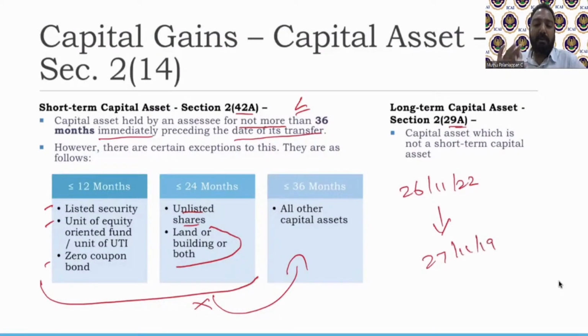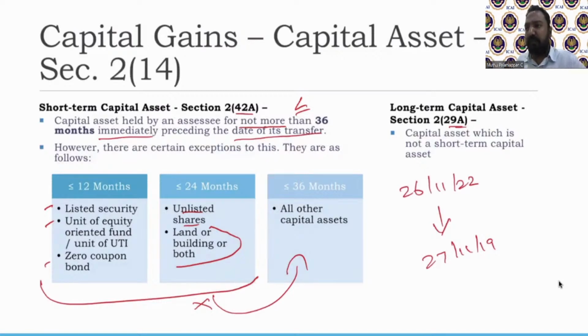That's what you're actually calling by 36 months. So 27/11/19. If you have purchased it before 27th November 2019, it becomes a long-term asset. If you have purchased on or after 27th November 2019, it becomes a short-term capital asset. Correct? So that's what you define.